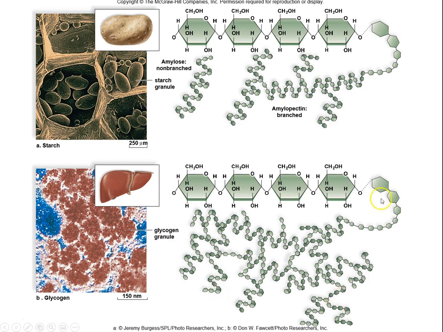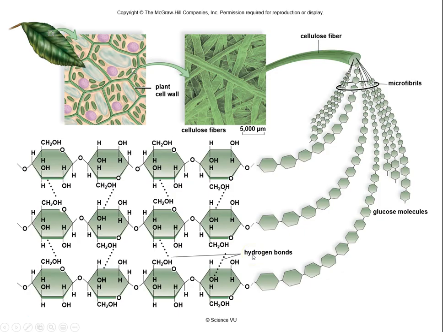Here, this is showing you glycogen. You can see how the structure is different than starch. This is showing you cellulose, and think about celery, how it's stringy. So the structure of this carbohydrate has fibers, it's fibrous, and that's because of the way these molecules are formed.